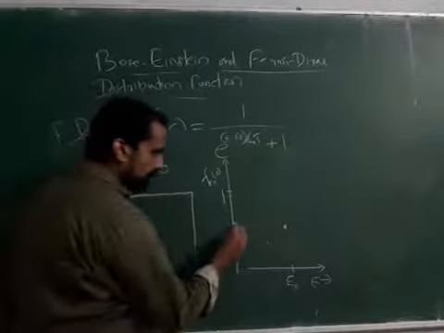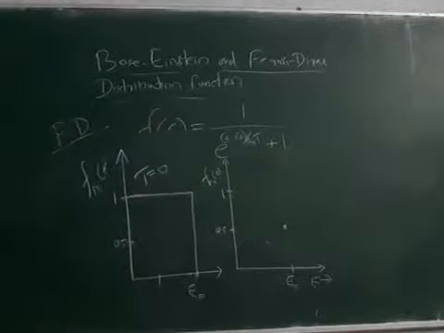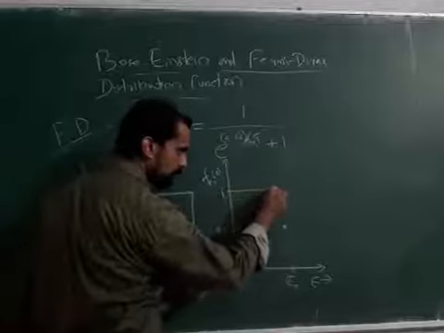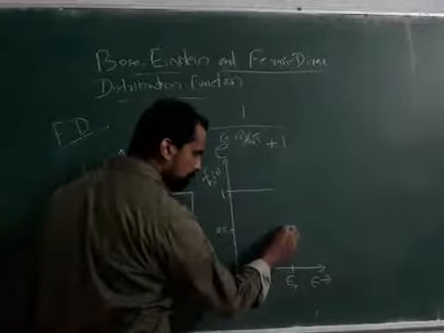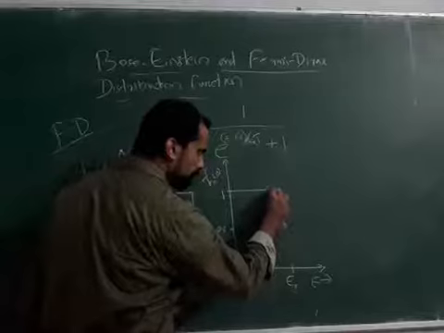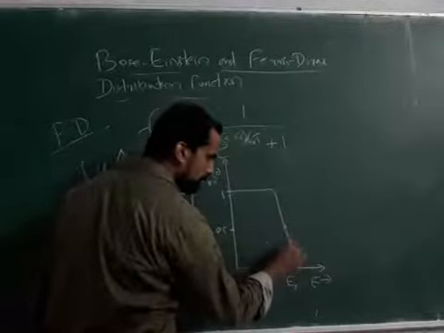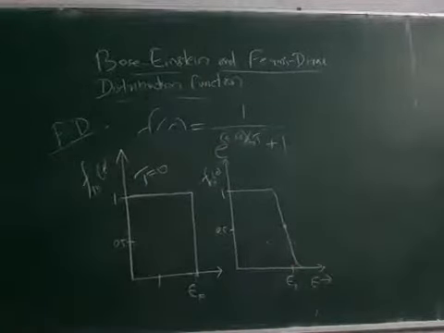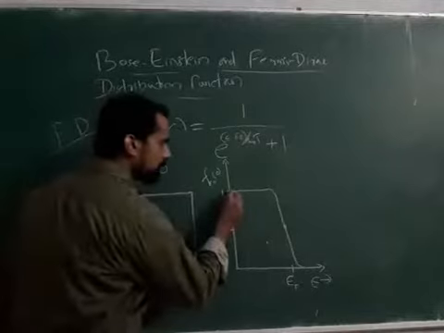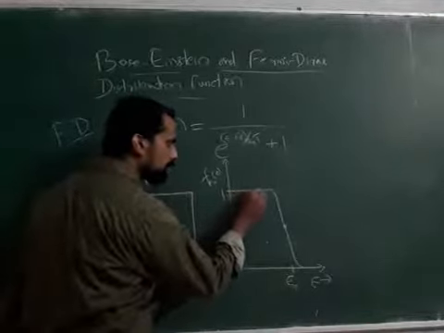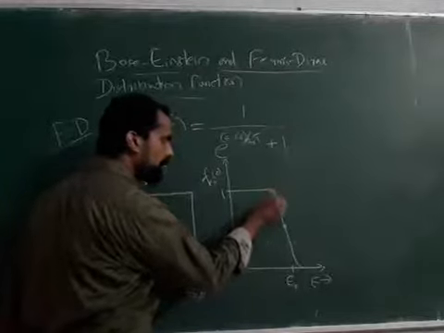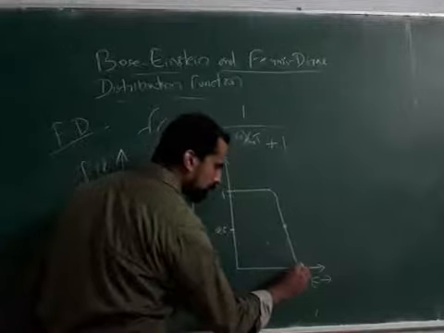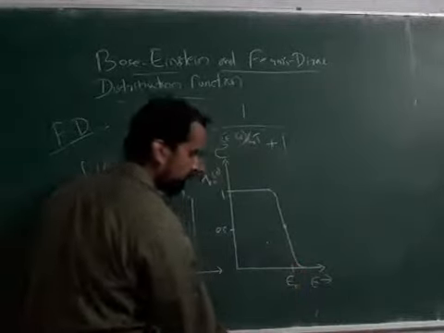And now, how will we draw it? This is your 1, and as the temperature increases, some of the particles start to occupy above the Fermi level.